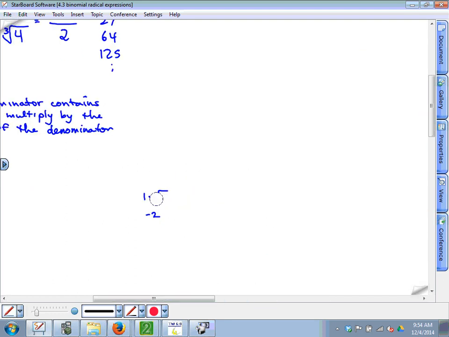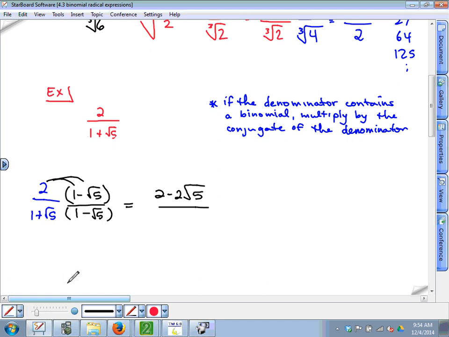So getting back to our problem, if you made sense of what I just said, aren't these 2, you see where my mouse is right now? Aren't these 2 conjugates? So when you're multiplying them together, you don't need to do the whole distributive property. You just need to do 1 times 1, which is 1, and the square root of 5 times negative square root of 5. That's negative square root of 25, which is just 5.